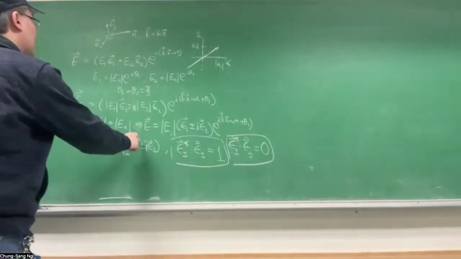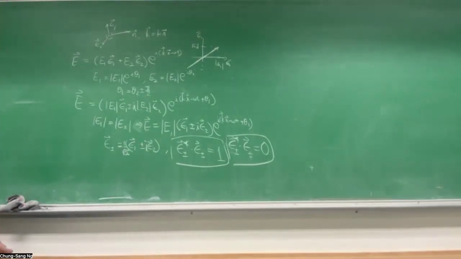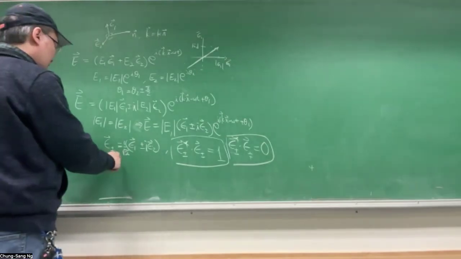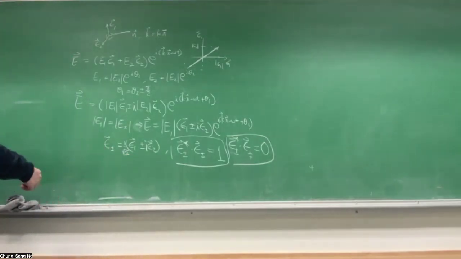And obviously, they are still perpendicular to n, and that is trivial because both epsilon 1 and epsilon 2 are perpendicular to n. So these are the unit vectors for circular polarization.